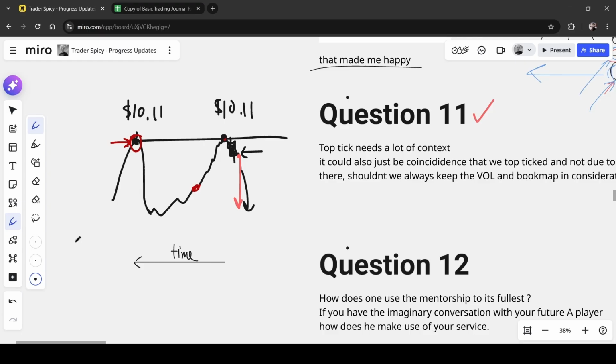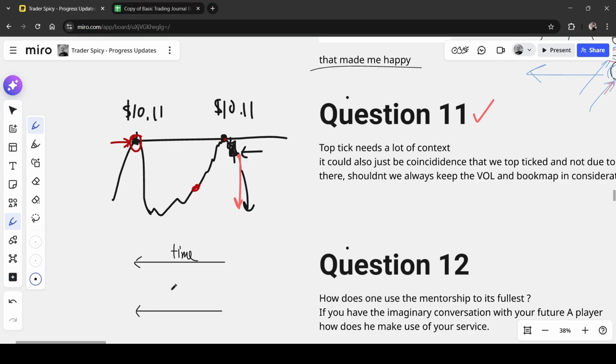If this is a level that was formed 1 minute ago, and then it just so happened to be top ticked, so it returned to a price that it traded at 60 seconds ago, and then it starts trading in the opposite direction, it's not that significant, right? Whereas if this was a level that was formed like 17 days ago and it top ticked and now it's starting to trade in the opposite direction, that's a much bigger deal. So the first one is time spent away from the level.